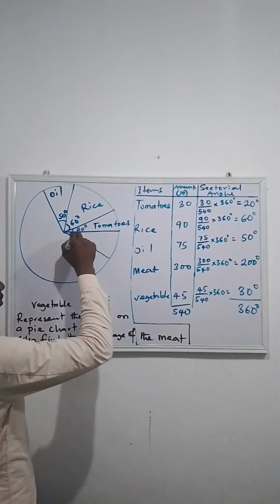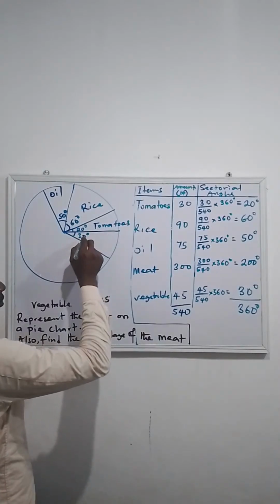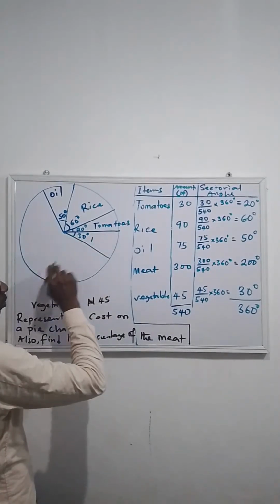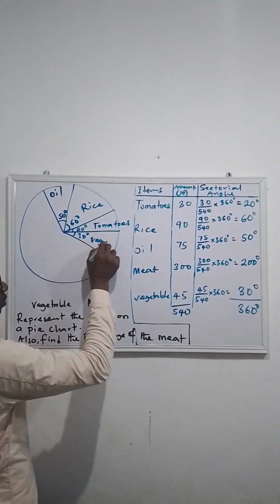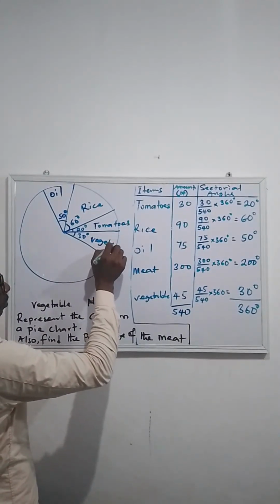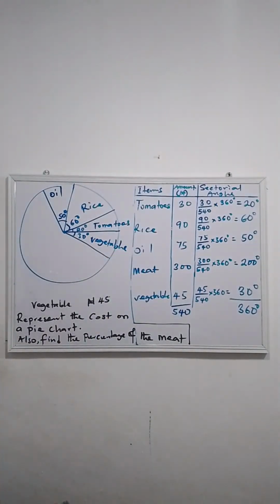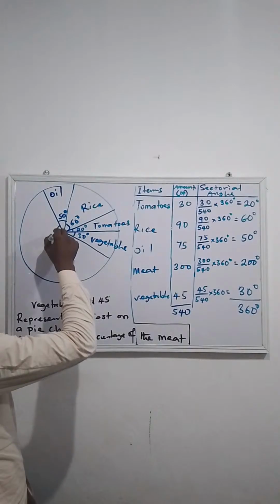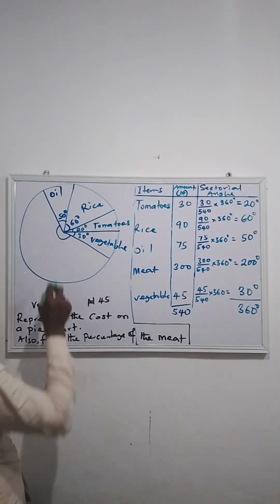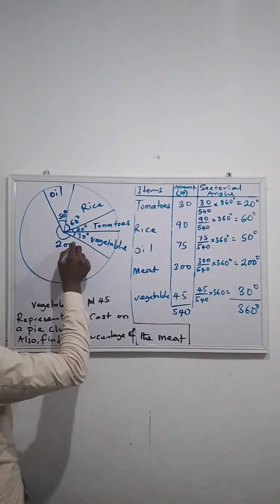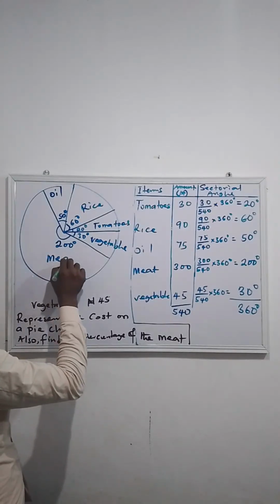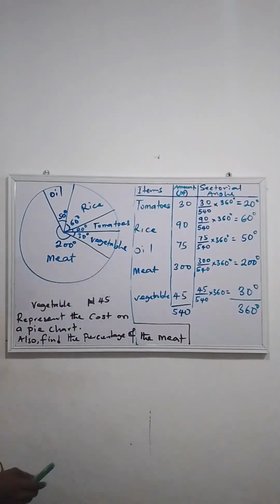This 30 degrees is for vegetable. Okay, so vegetable 30 degrees. So the remaining angle here is for the meat. So this one is 200 degrees, and that is your meat. And this is your pie chart.